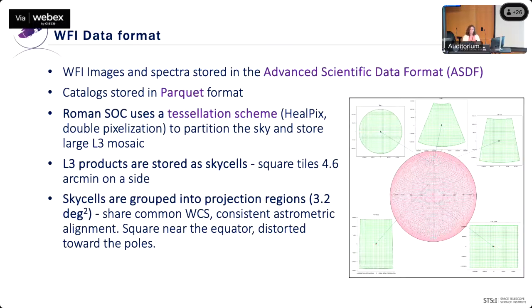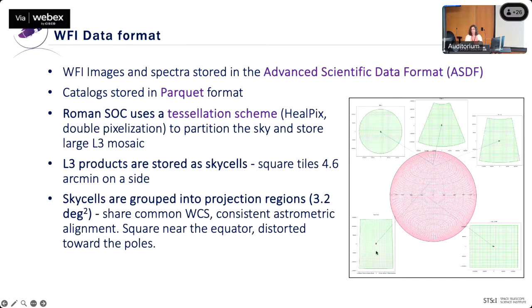So what we do is partition the sky into sky cells and projection regions. The sky cells are square tiles that are 4.6 square arc minutes, and they are grouped into projection regions, which are 3.2 square degrees that share a common WCS, so you can have a consistent astrometric alignment over the full projection region.